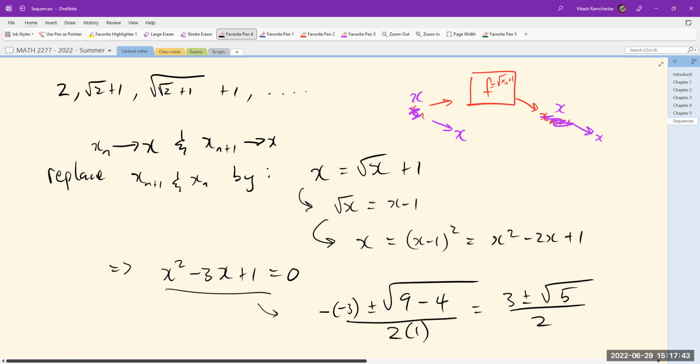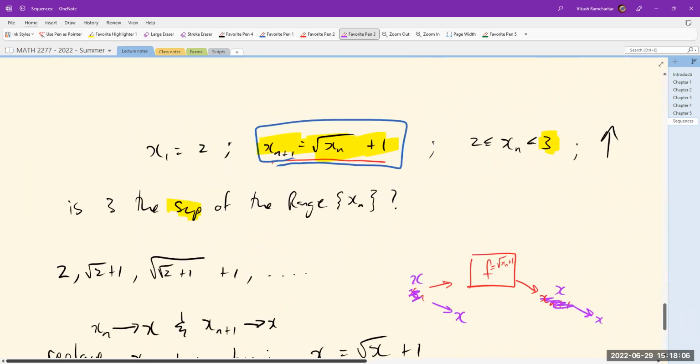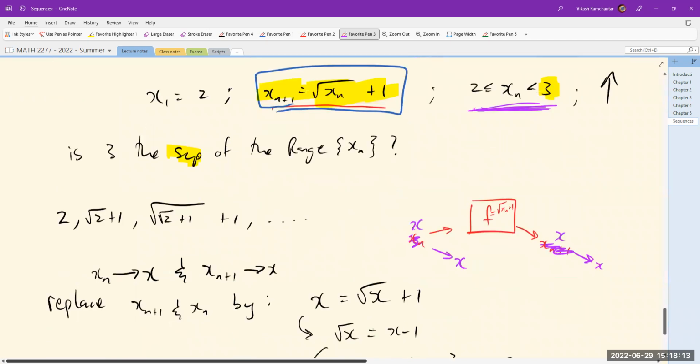So you get two roots, but we know that if the sequence is convergent, then the limit has to be unique. It can't have two values. So which one do we take? We're looking for the value between 2 and 3, because we know this sequence is bounded between 2 and 3.